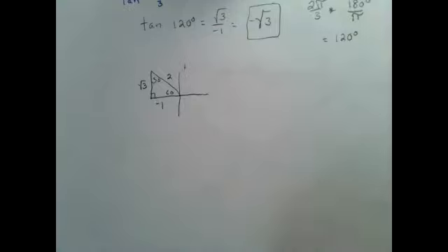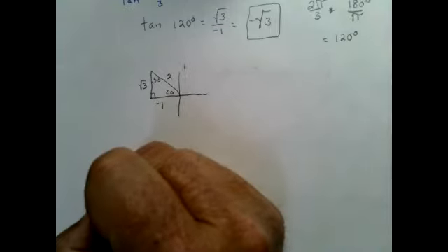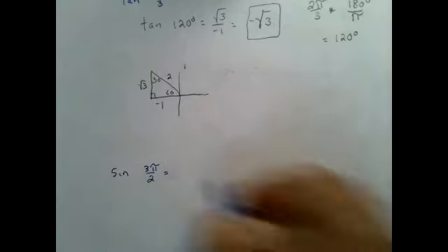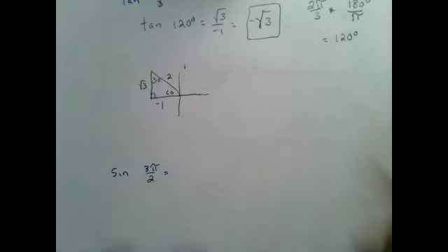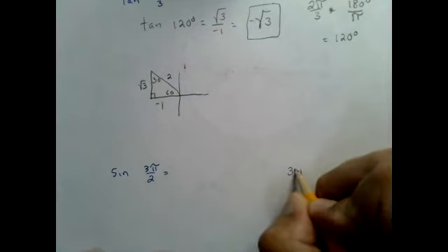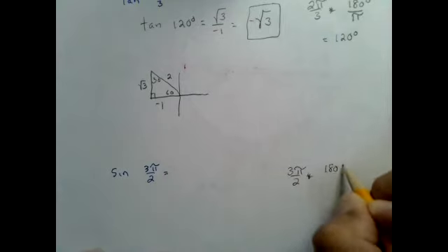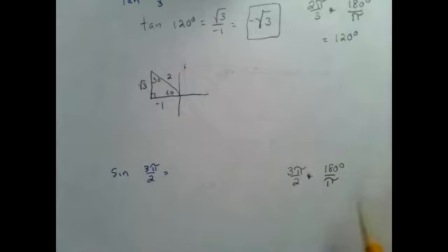And this time, let's do the sine of 3 pi over 2. So bringing into play what we did today, 3 pi over 2 times 180 over pi. I think that's going to give me the 2, and that becomes a 90. The pi's cancel. 3 times 90 is 270 degrees.